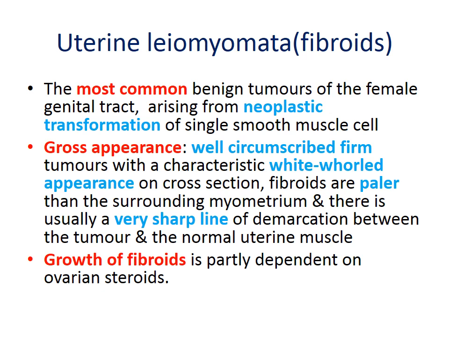They usually look paler than the adjacent normal healthy myometrium, and they vary in size, and there is usually a very sharp line of demarcation between the tumor and the adjacent normal myometrial muscle. They are partly dependent on ovarian steroids in their growth.